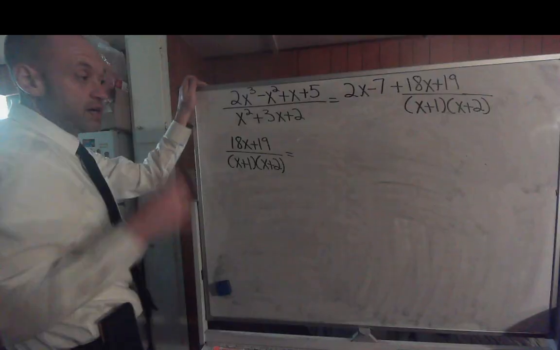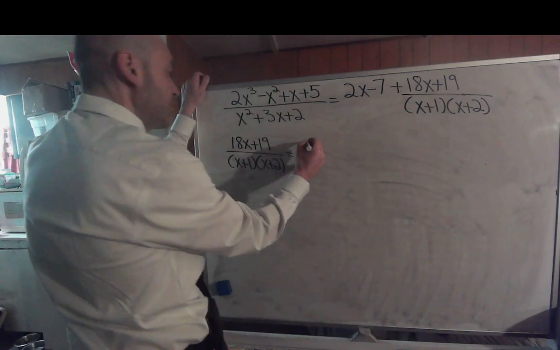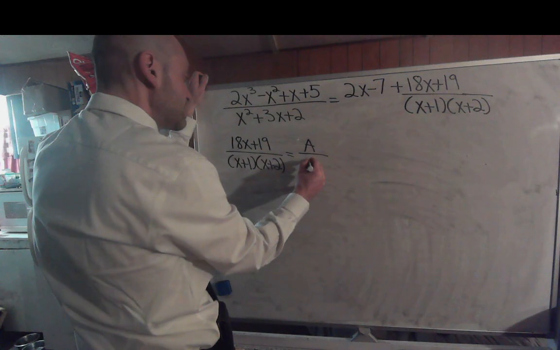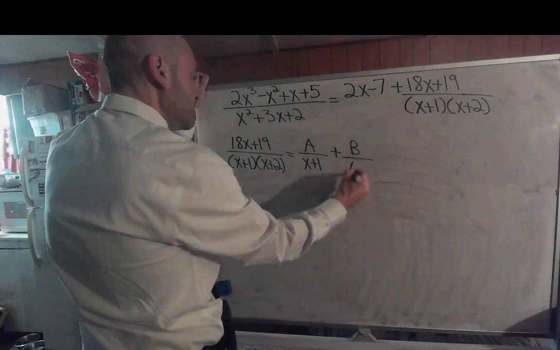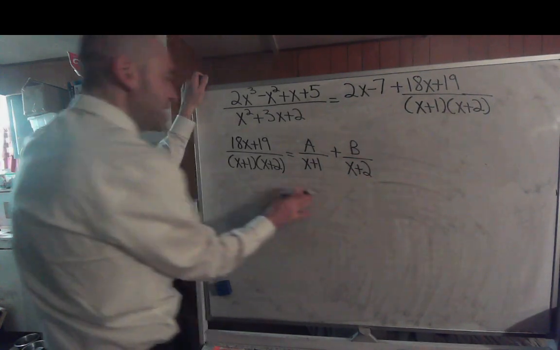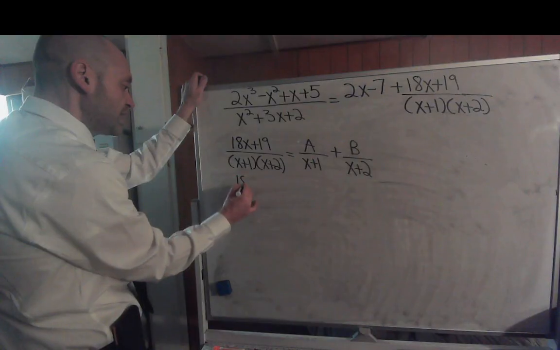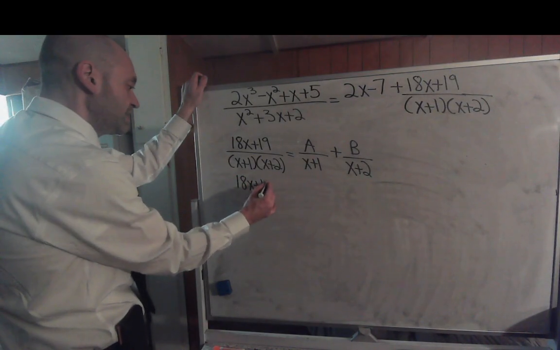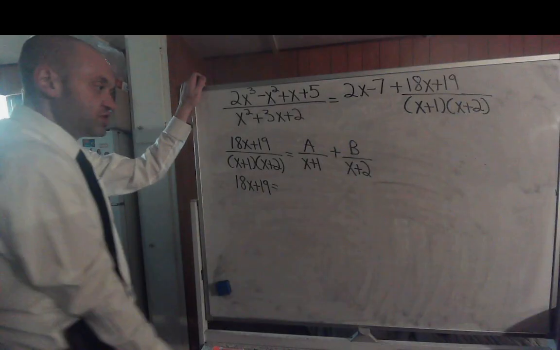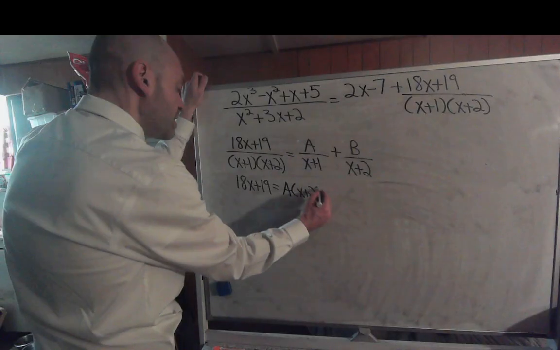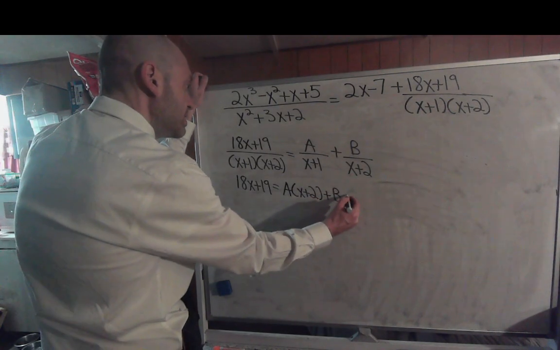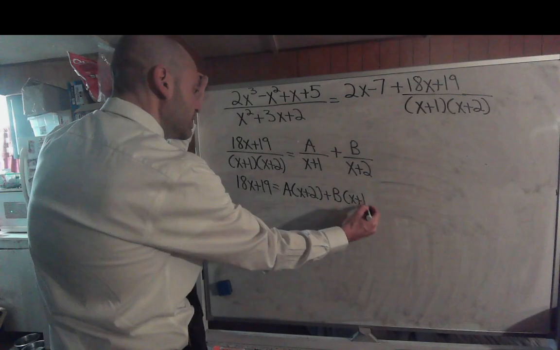Well, we have non-repeating linear factors, so that would just be equal to a over x plus 1 plus b over x plus 2. Multiply both sides by the common denominator, you get 18x plus 19 is going to be equal to a times x plus 2 plus b times x plus 1.